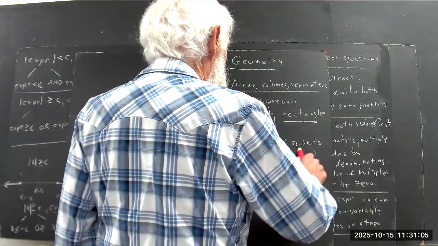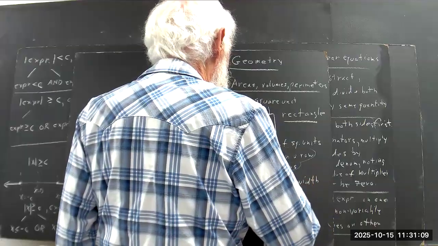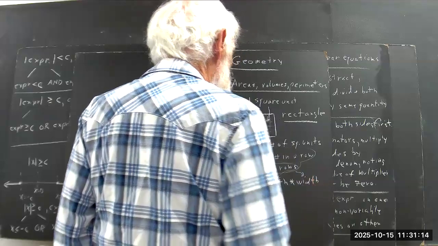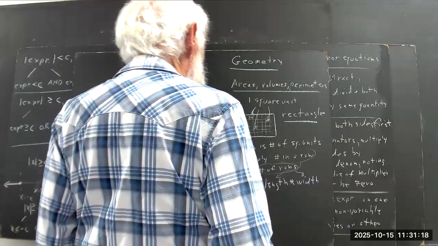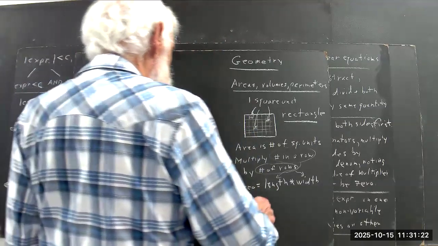So the number in a row is your length, and the number of rows is your width. That's fundamental.